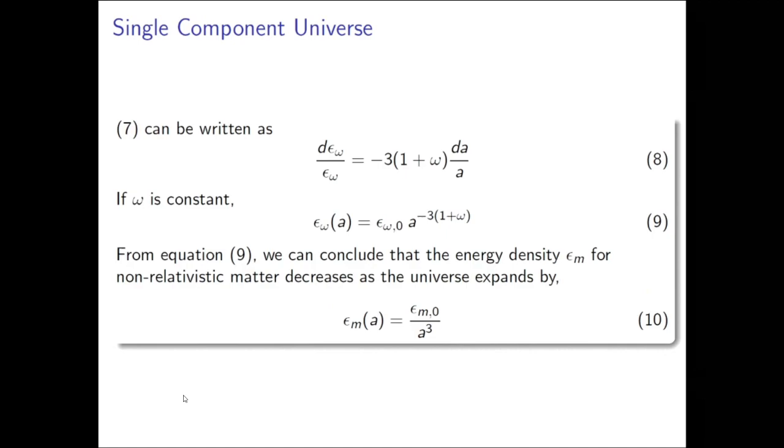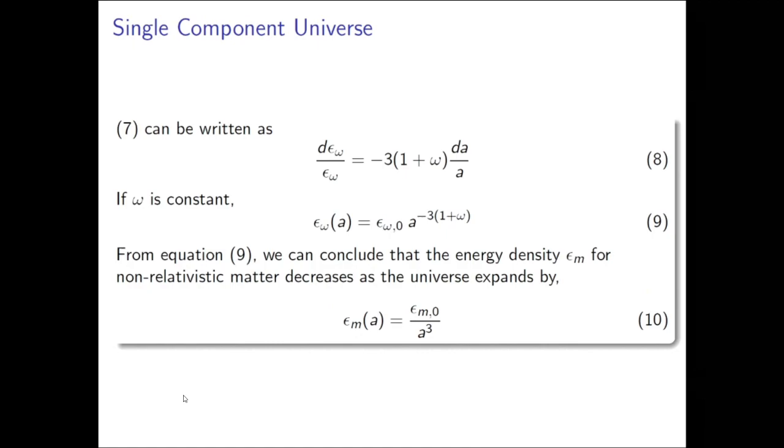Since we are considering omega to be constant here, we can integrate and find epsilon omega of a, where a is the scale factor, equals epsilon omega comma 0, which is the energy density of that component at the present moment, times a to the power minus 3 times (1 plus omega).